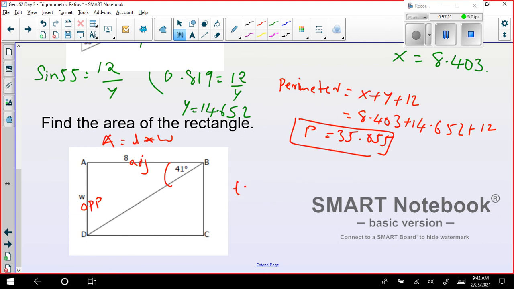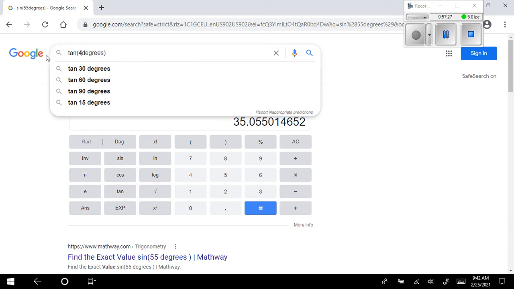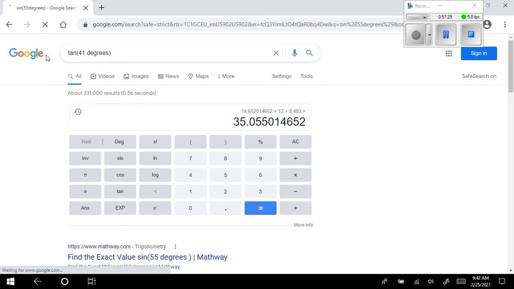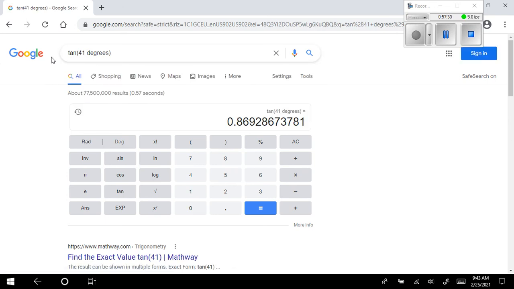So tan 41 equals opposite, that is W, over adjacent, that is 8. Use your calculator once again and find tan 41 degrees, which is 0.869.